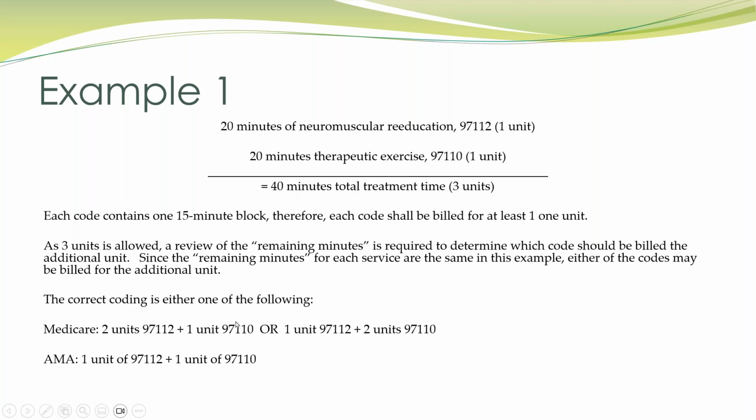So in this situation, you would have either 2 units of 97112 with 1 unit of 97110. Because they're the same time spent on both of them, you can put the extra unit on either one. If you do have more time spent on one rather than the other, you're going to put those 2 on that one and 1 on the other one. And then with the AMA rule, you just get 2 units instead of 3.